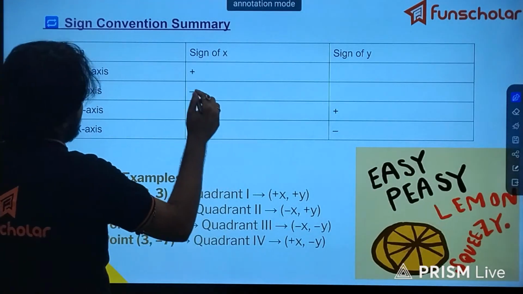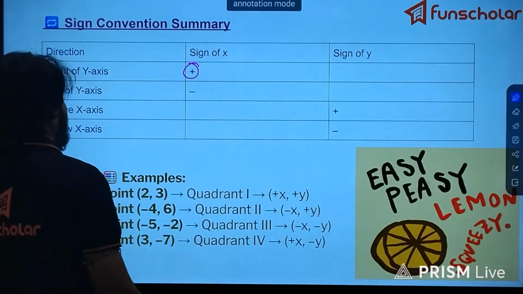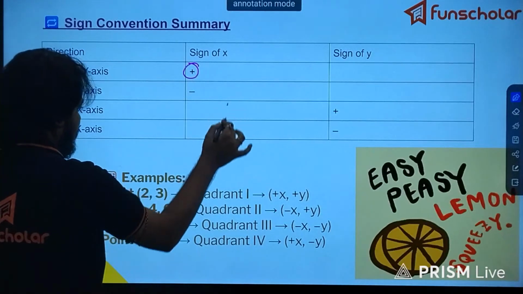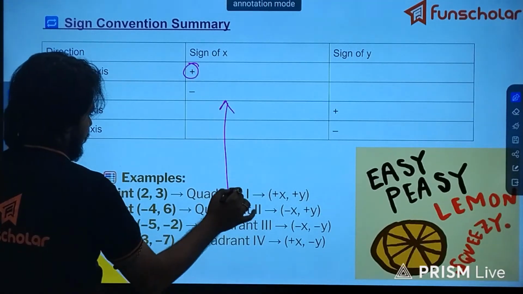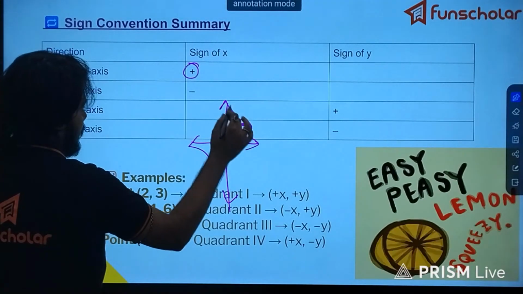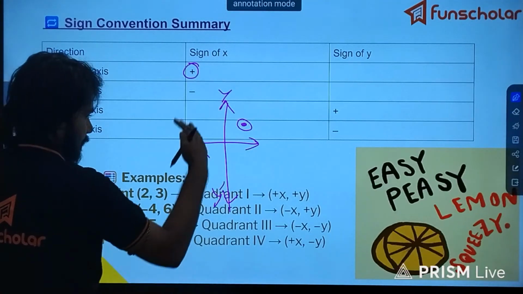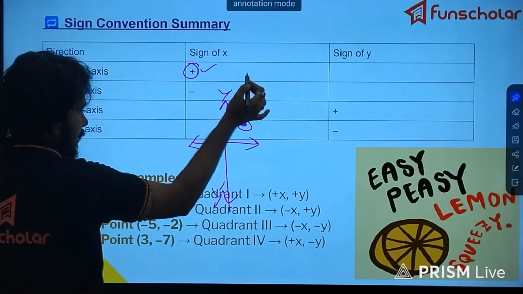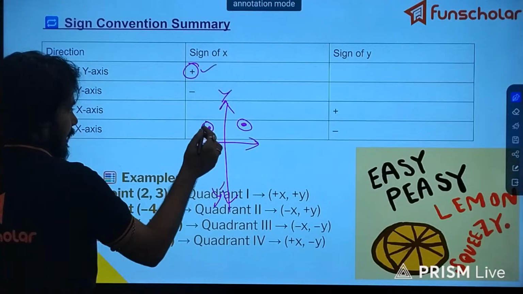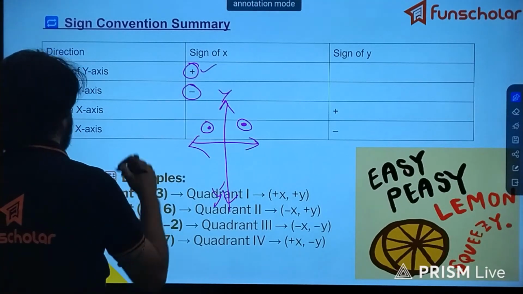Right of y-axis means the x coordinate will be positive. Left of y-axis, suppose this is y-axis. Right of y-axis, sign of x will be positive. Left of y-axis, sign of x will be negative.